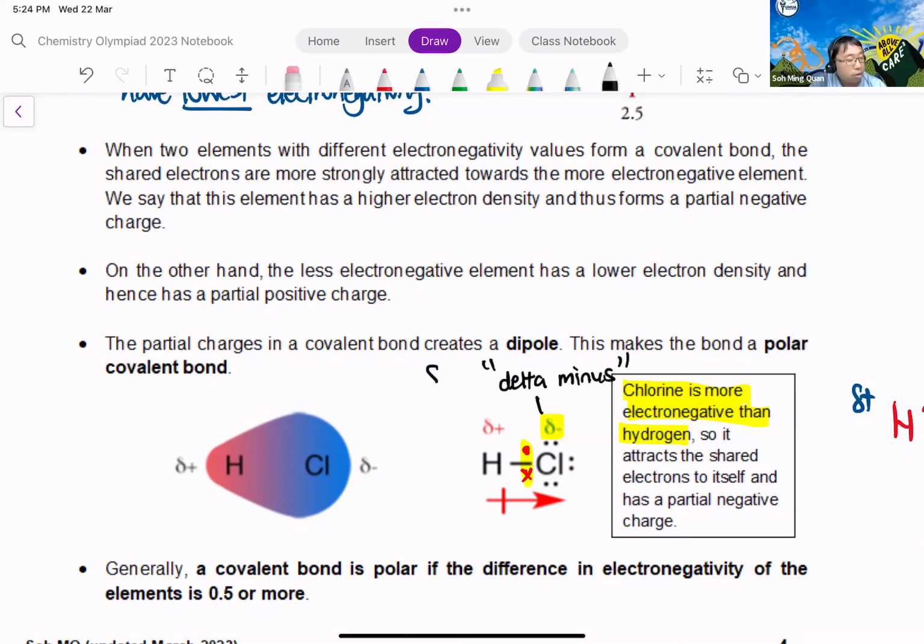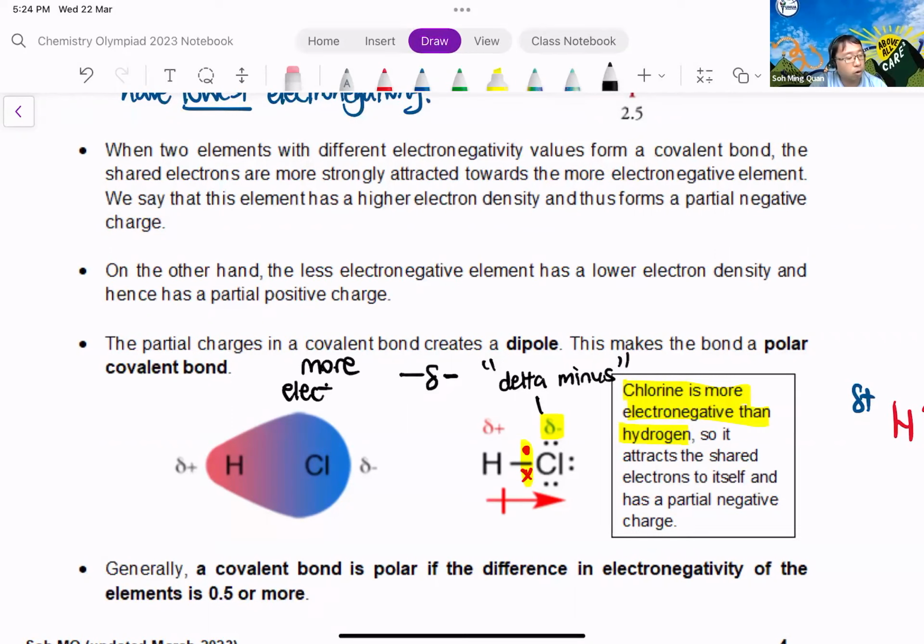You write it like that. It's like an 8 that's not complete. So the delta minus lies on chlorine because that's where the partial negative charge is. The delta minus is always on the more electronegative element.